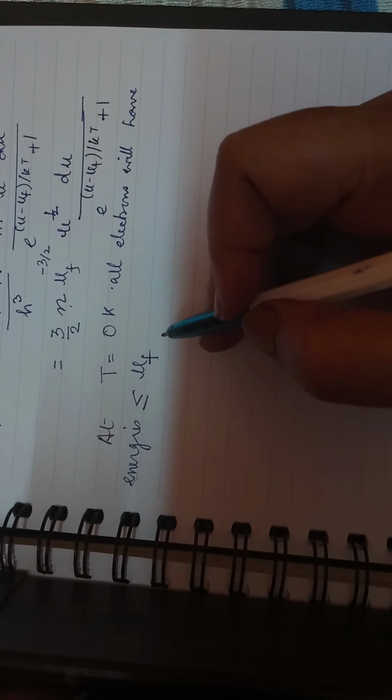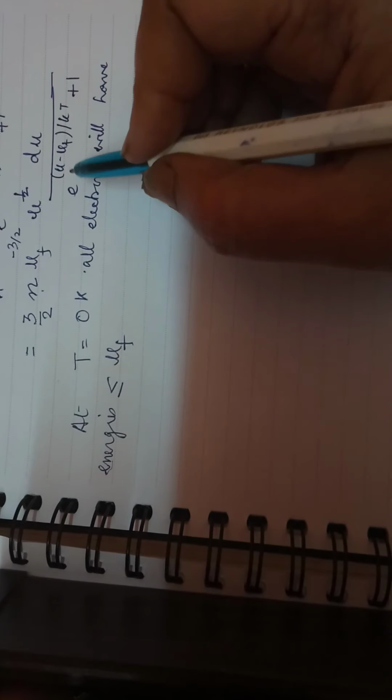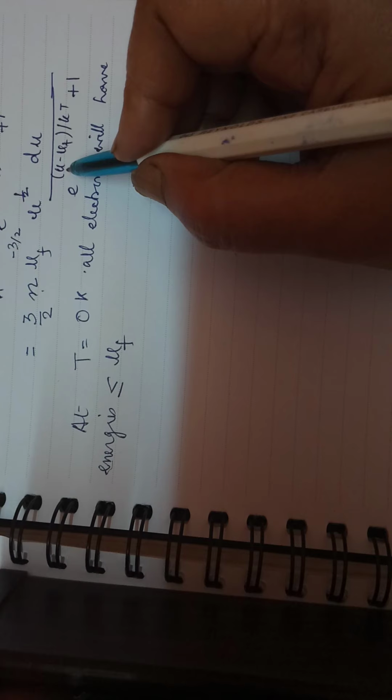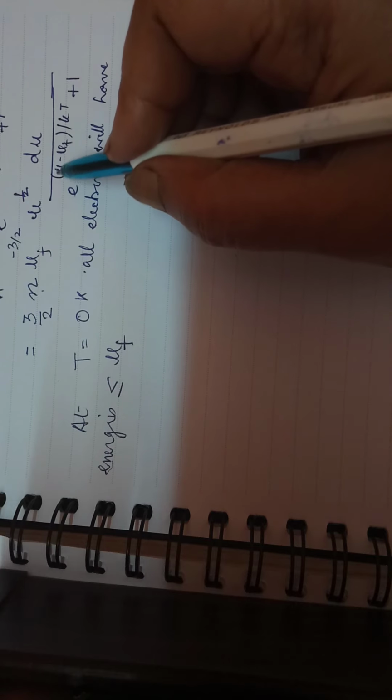This is a very important understanding in the Fermi-Dirac distribution. So u will be either less than uF or equal to uF.